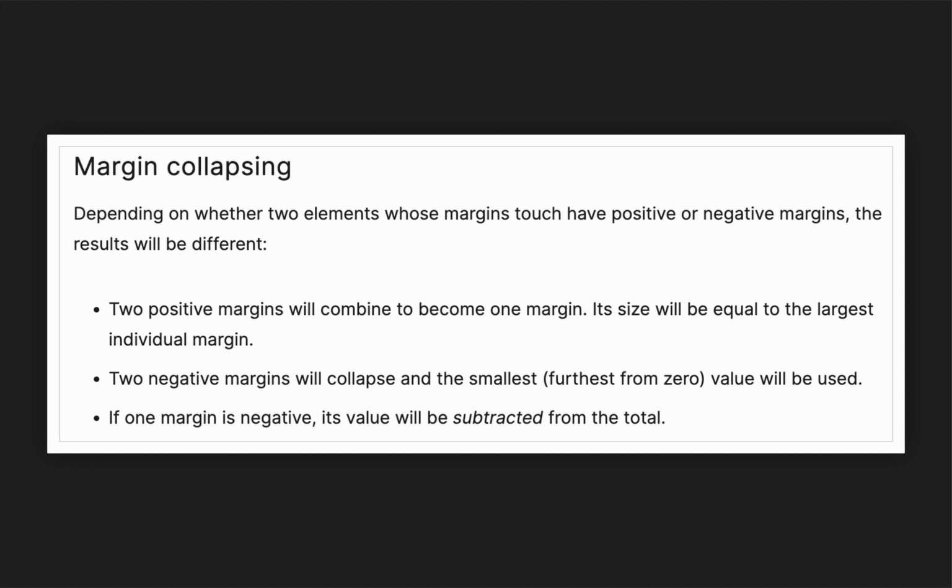If the two margins are negative, the smallest value will be used. That is the one furthest from 0. So if I have -5 and -10, -10 will be used. If one margin is negative and the other is positive, then the value will be subtracted.